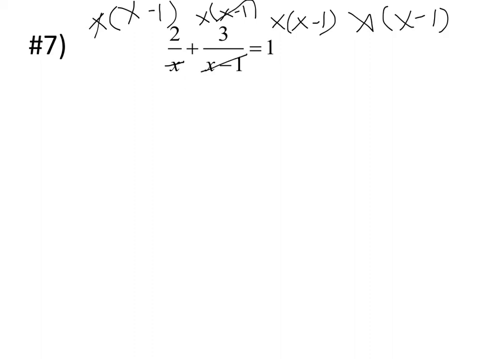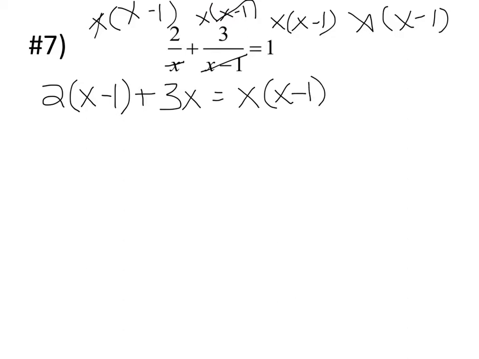This x minus 1 and this x minus 1 cancel. So now you're going to multiply what's left. So you have 2 times x minus 1 plus 3 times x equals 1 times x minus 1. So that's just equals x times x minus 1.